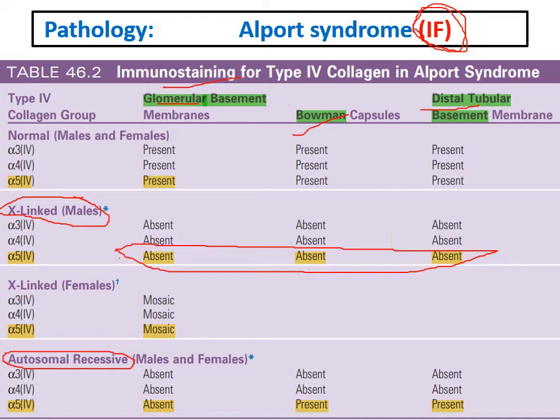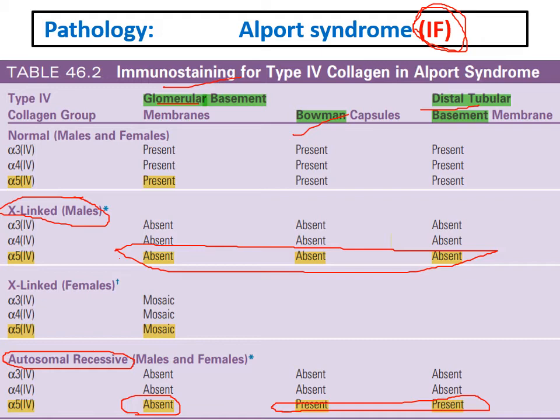But in the autosomal recessive form, alpha 5 is absent in the glomeruli, but present in the Bowman's capsule and the basement membrane of renal tubules. This is the main differentiating point.